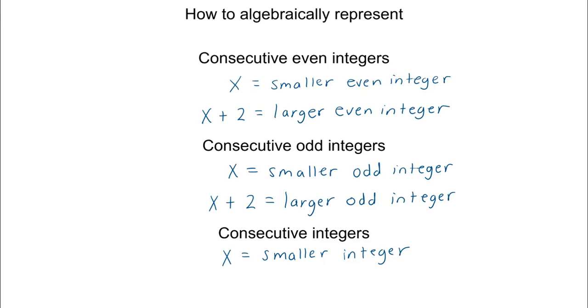But consecutive integers are only 1 unit apart on the number line. So I only have to jump 1 unit from the smaller integer to get to the next larger integer. So rather than letting x plus 2 represent the next integer, we'll let x plus 1 represent the next integer. So consecutive integers can be represented by the variable x and the variable expression x plus 1.